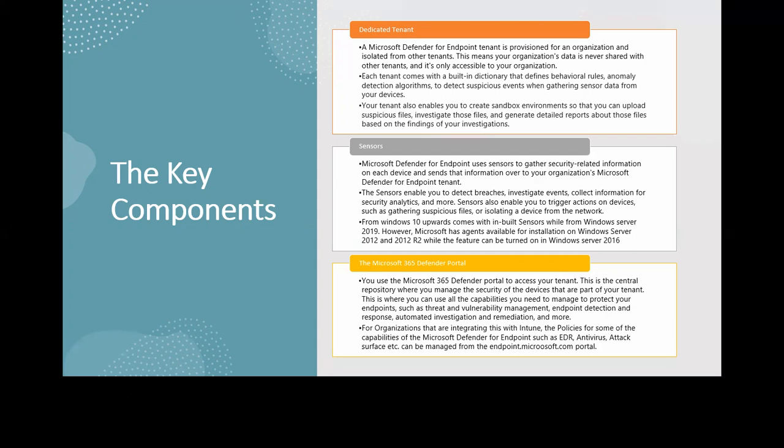The organization's data will never be shared with another tenant, and it is only accessible to your organization, right? Each tenant comes with its own built-in dictionary that helps define behavioral rules, anomaly and detection algorithms in your organization to detect suspicious events when it's gathering sensor data. And your tenant can also enable you to create sandbox environments where you want to do malware analysis that are peculiar to you.